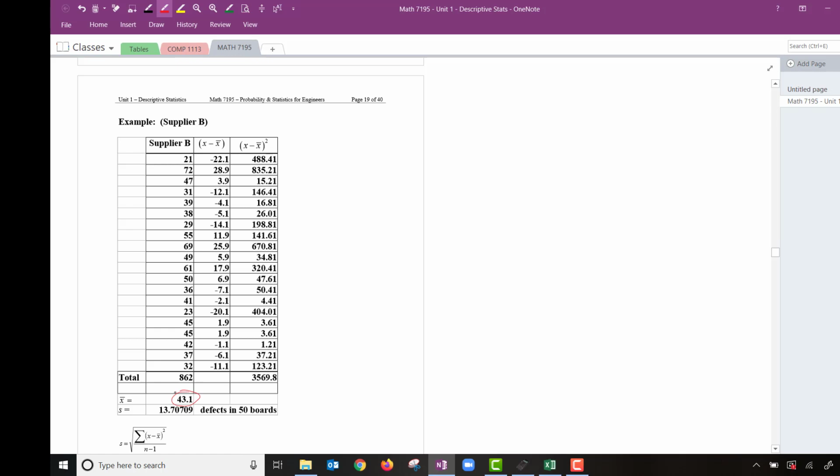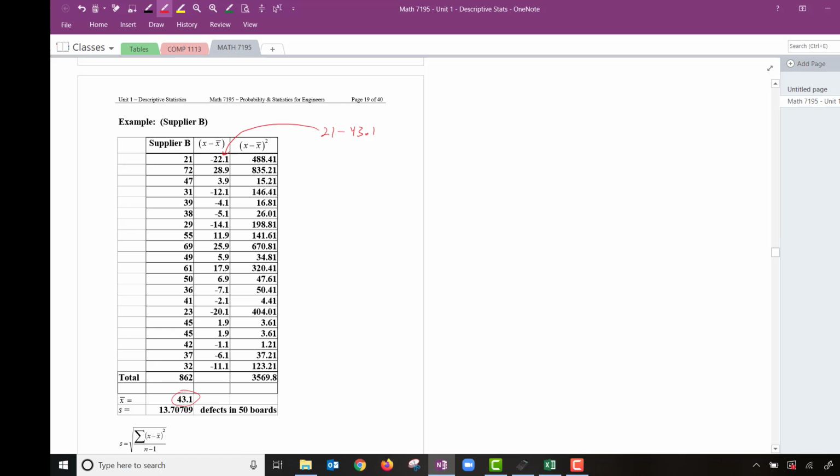Remember, it was 43.1. And I had to subtract that value from each value in my data set. So this first term here is 21 minus 43.1. And I had to do that for every single one in the list. You can see even with 20 values, it becomes pretty tedious.